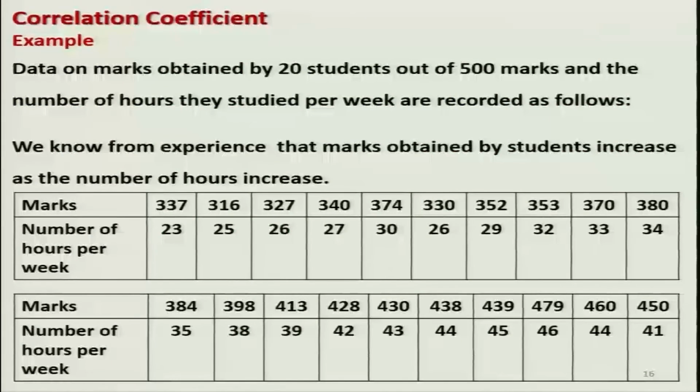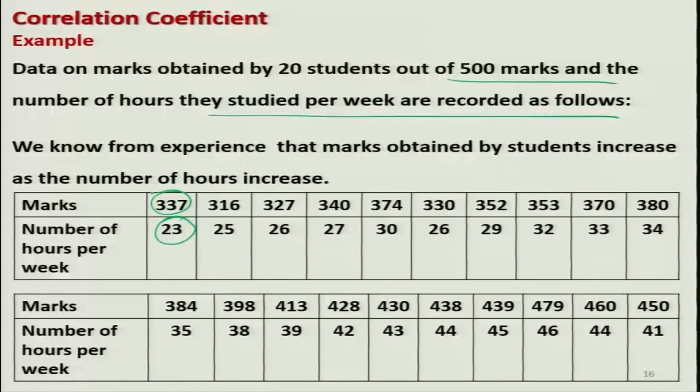Now, I will take a very simple example and show you how these things are measured. Suppose we have 20 students and we have obtained their marks out of 500. We also asked those students how many hours in a week they studied, and the data is obtained like this: student number 1 studied 23 hours in a week and got 337 marks.